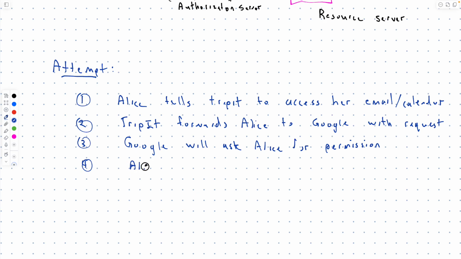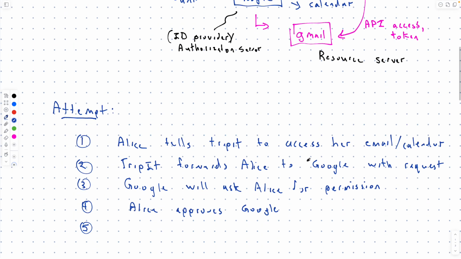We'll see that Alice approves. And then what Google needs to do is pass a token back to TripIt in order for TripIt to be able to access the services itself.